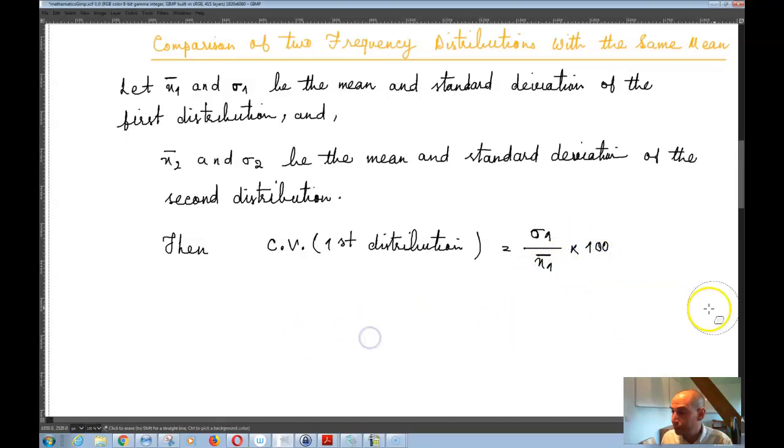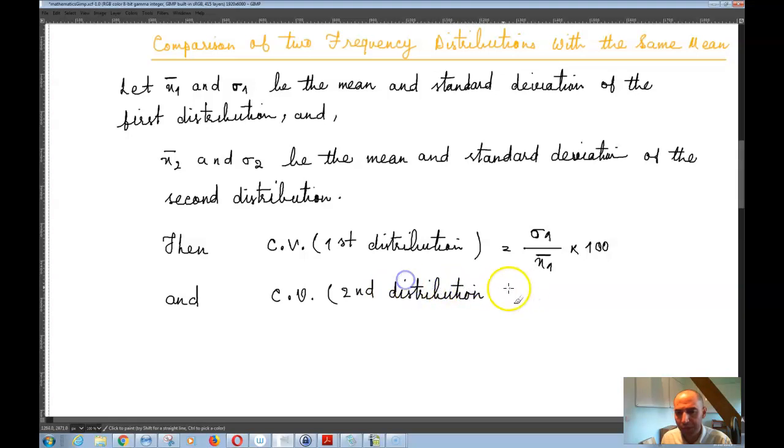And by the same logic, I can say that the coefficient of variance of the second distribution is equal to sigma 2 over x of 2 bar times 100.